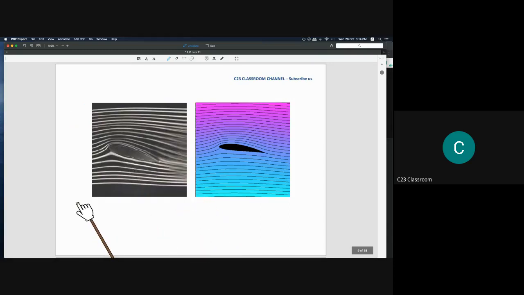Okay, we have a problem if we only have this line, because the idea of the calculation in general is something like this. Let's say we have an aerofoil here, and we have one line here.